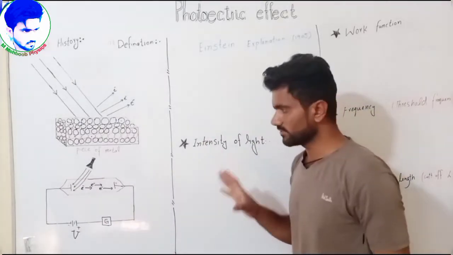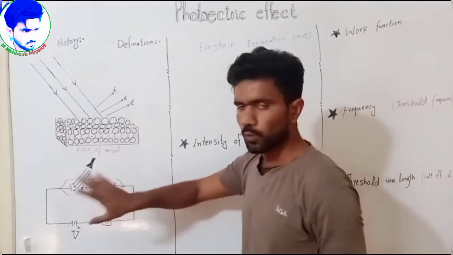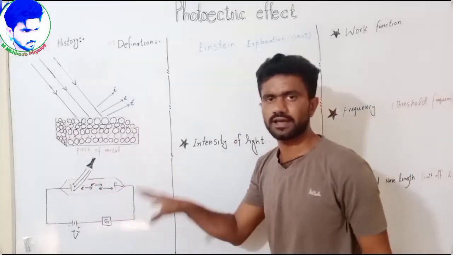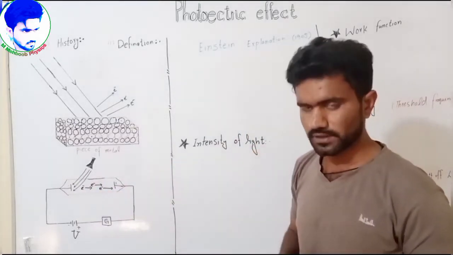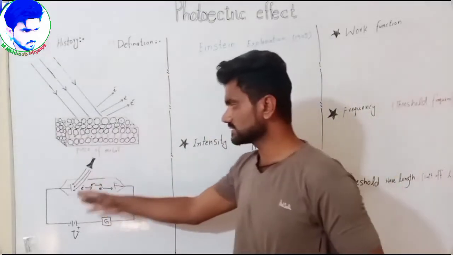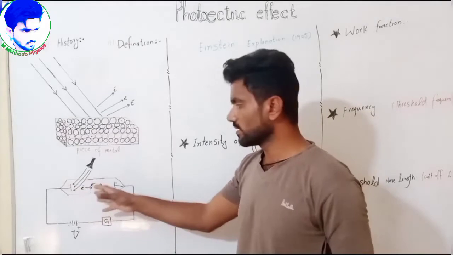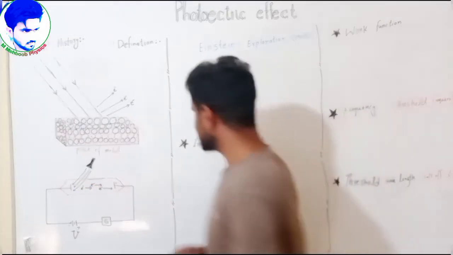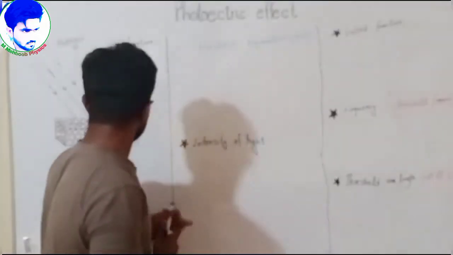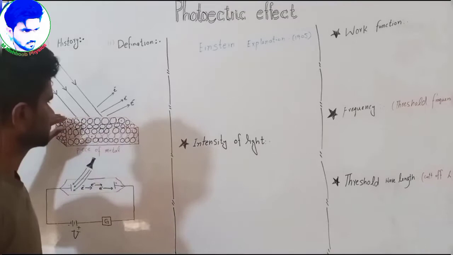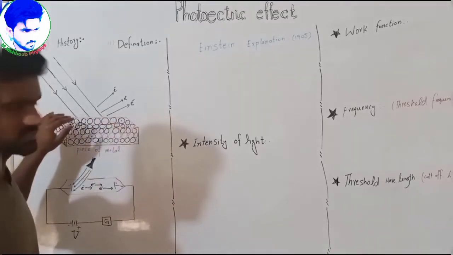And one thing, these ejected electrons will not have the same kinetic energy. Why? These electrons emitted from the same metal with the same light have different kinetic energies. The reason is that on the surface of the metal there are many electrons present.